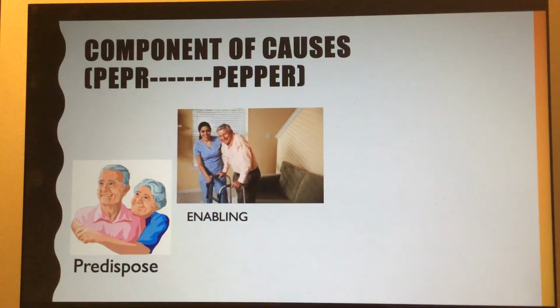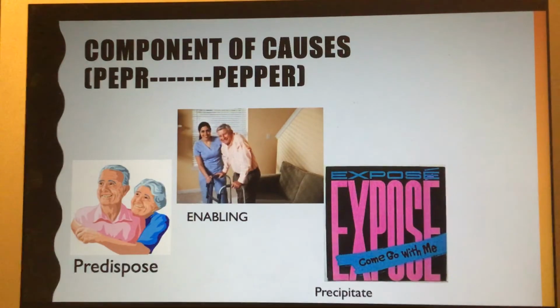While E is referring to enabling. So enabling, you just imagine ability. Your ability to afford the medical costs, the health costs, in order to get treatment. So that is enabling. So how about P, precipitate? So another P, precipitate, is exposure, your exposure to the disease.